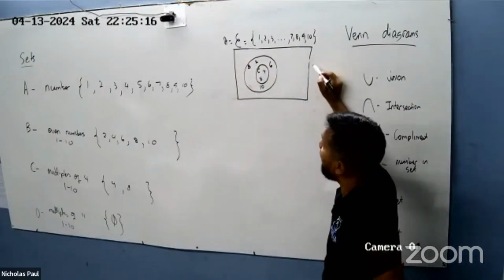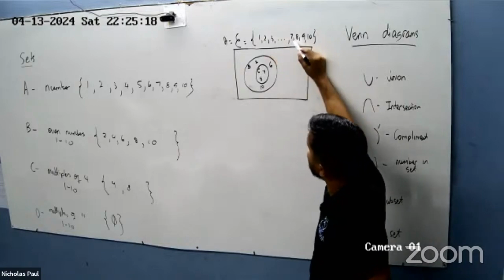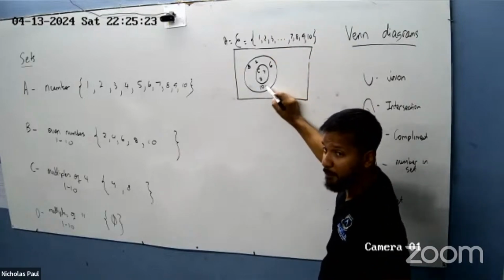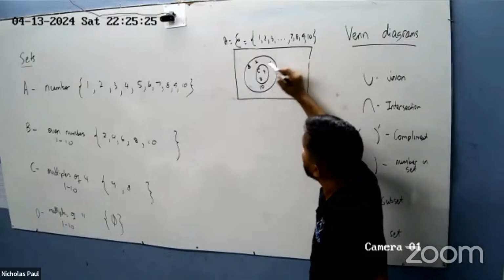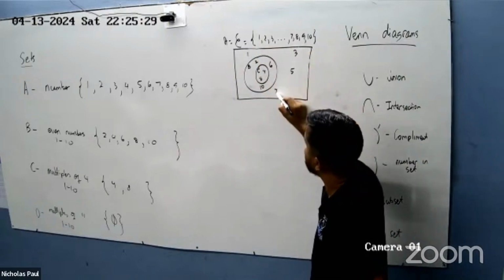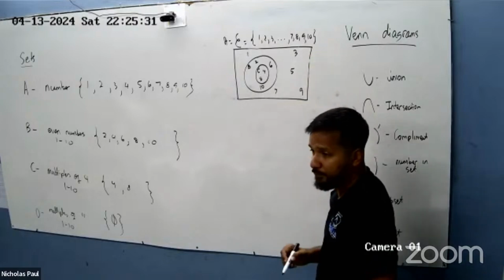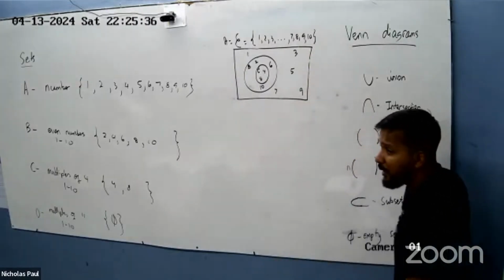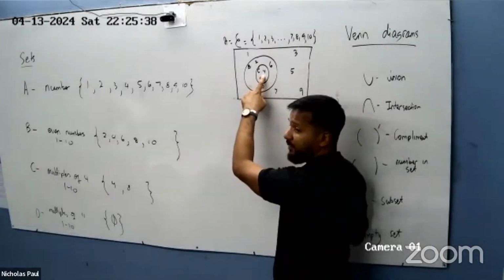Where do I put the other numbers? 1, 3, 5, 7, 9. Outside B, but inside here. Do you follow why I had to put C in here?